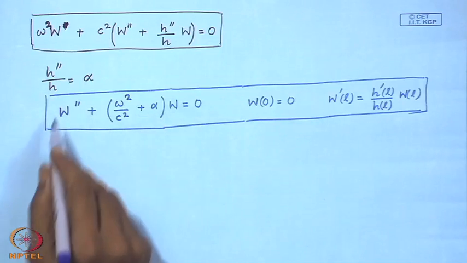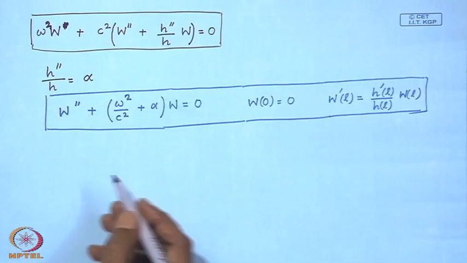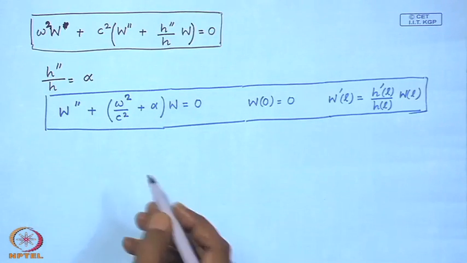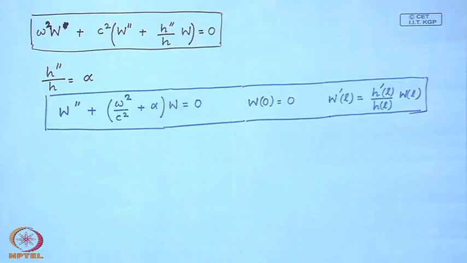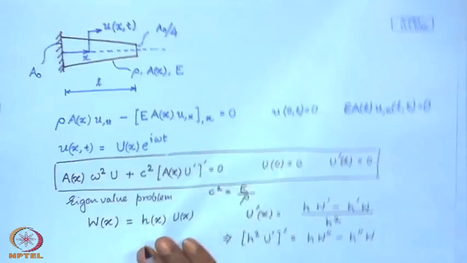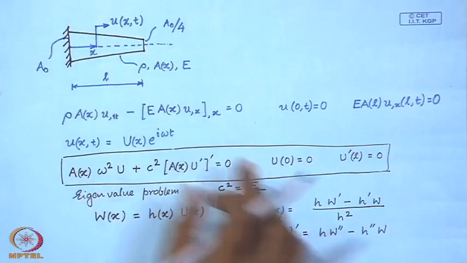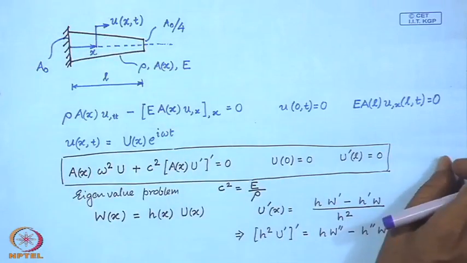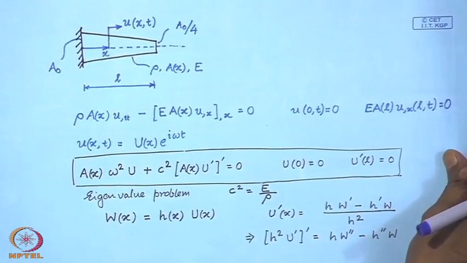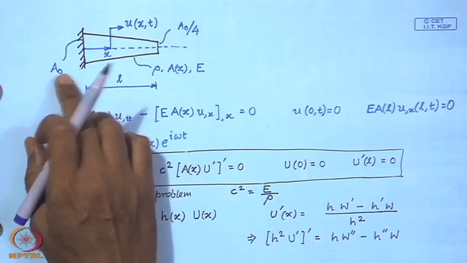So, let us consider a particular case that I had shown in this figure. Here the radius is reducing linearly and the area goes from A0 to A0 over 4.